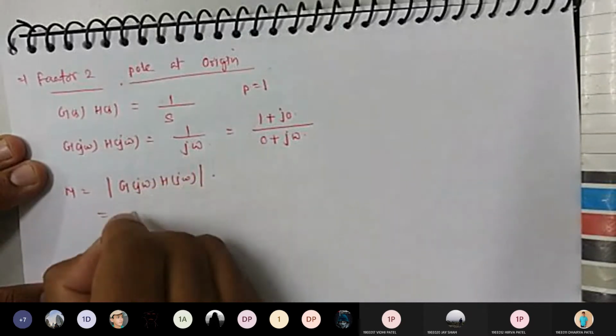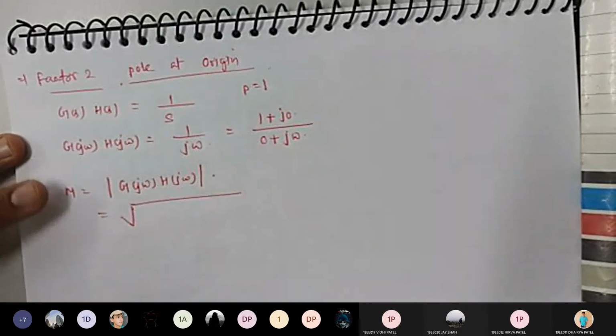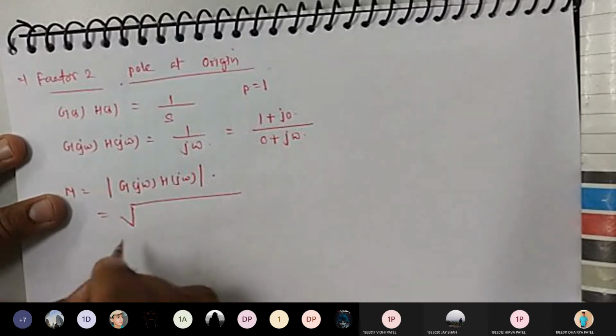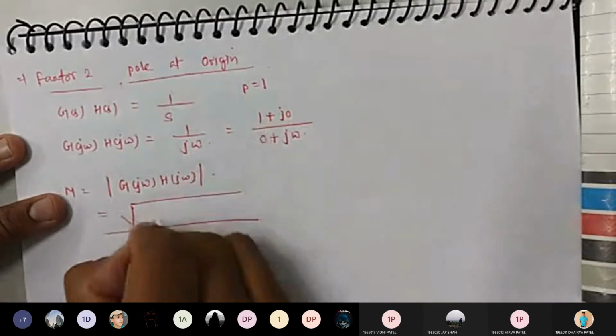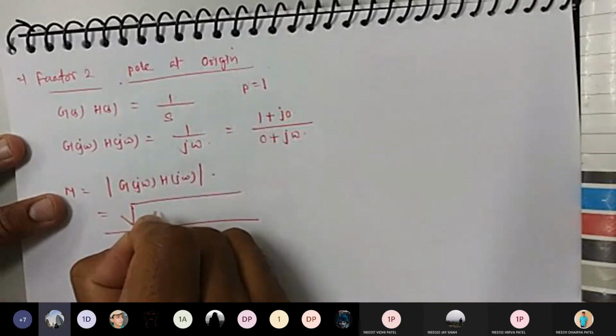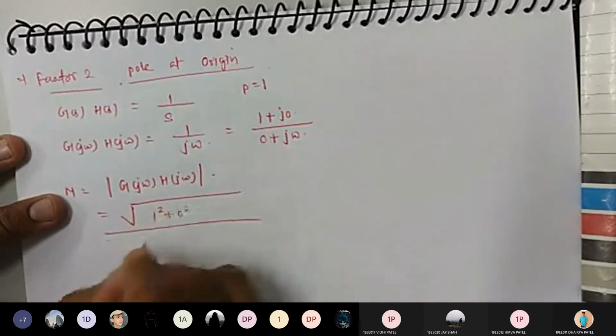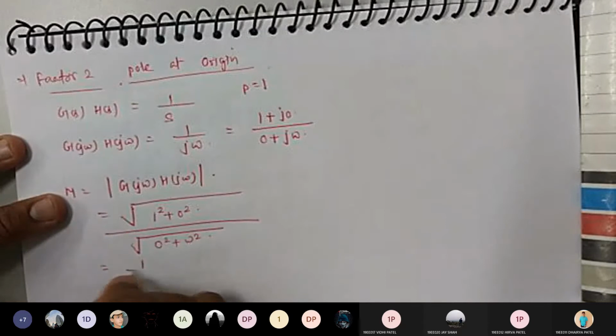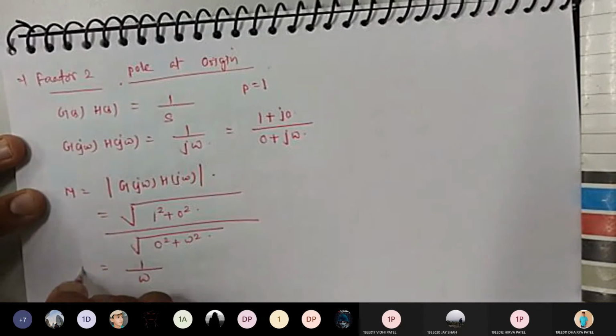It will be the square root of the real part square plus imaginary part square. In the numerator, the real part is 1, so 1 squared plus 0 squared, and in the denominator, 0 squared plus omega squared. So it will be 1 upon omega.